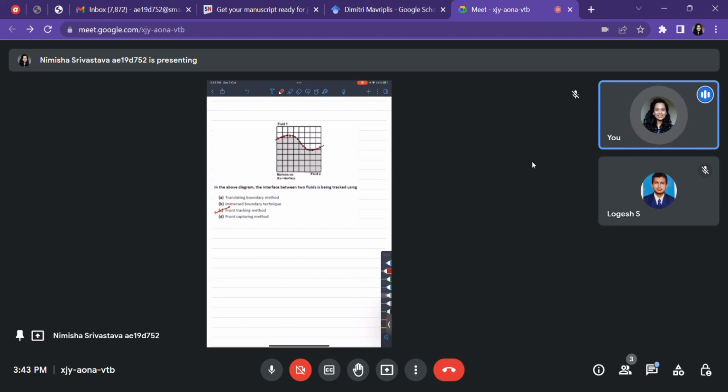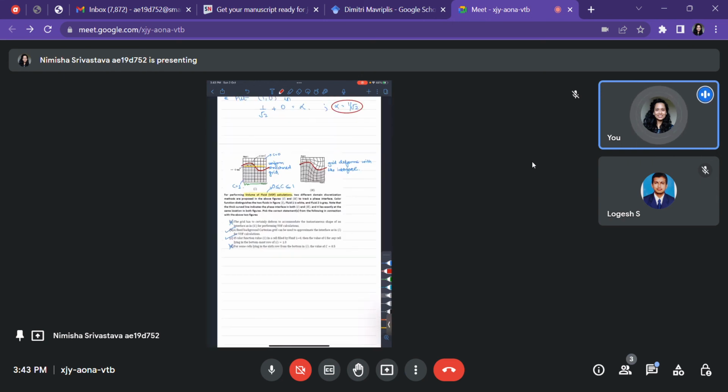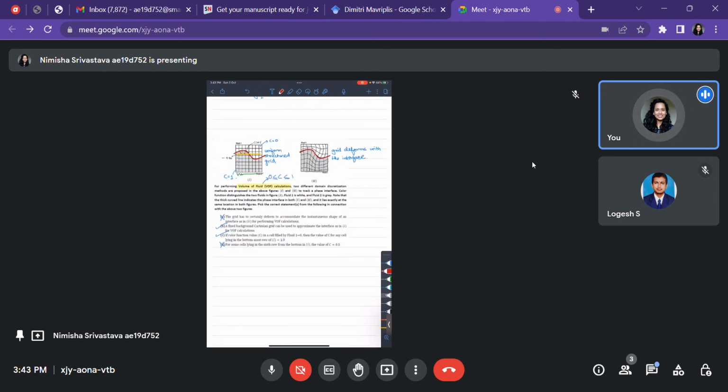In the beginning, I did state that there were two main methods we have discussed during this week: front tracking and front capturing. So whenever you are trying to reconstruct the interface, such as in the previous problem, we have a value of C and we will not have the interface with ourselves.